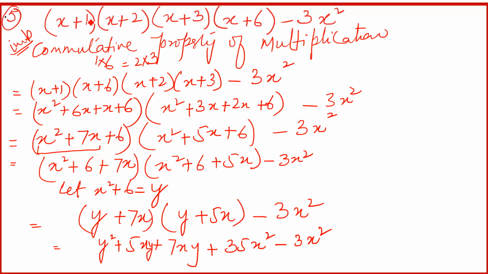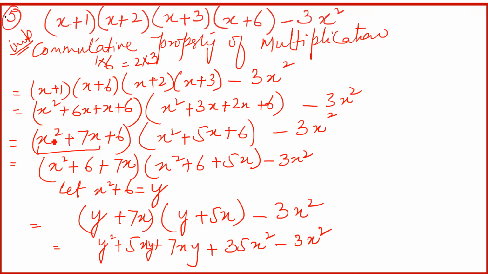If I multiply 1 and 2, 1 times 2 is 2, and 3 times 6 is 18, so this is not correct. Just try different parentheses. But when I multiply 1 by 6, it is 6, and 2 multiplied by 3 is 6, so 6 and 6. I have made the pair of x plus 1 into x plus 6, and x plus 2 into x plus 3. Multiply these two parentheses, and you will get this one.